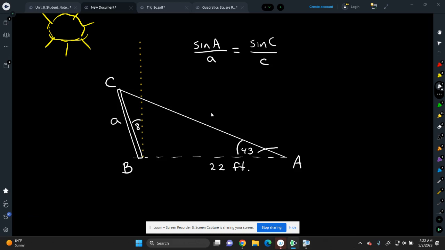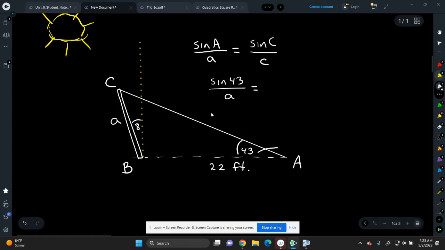Okay, so let's see what we have here. We've got sine of 43 over A. A is what I'm trying to solve for. And now I need sine of C. So I don't have angle C. We've got to figure that out. What information do I have that can help me figure that out? Do I know this angle, angle B? Do I? What is it, Emily? 98, yeah.